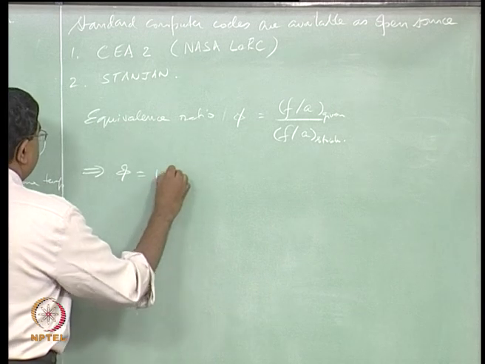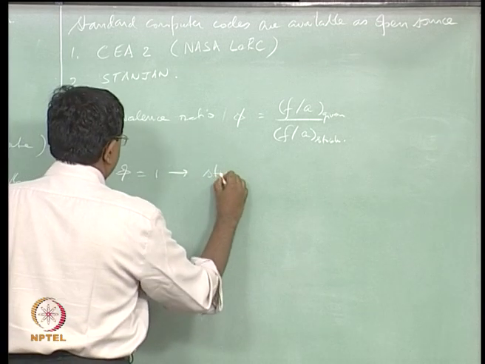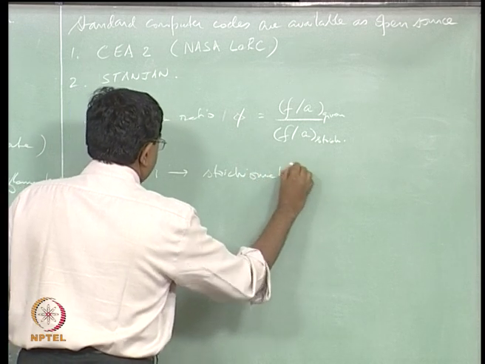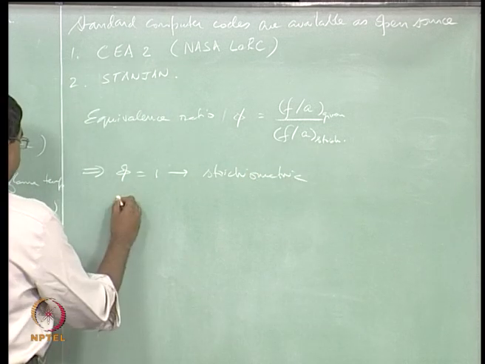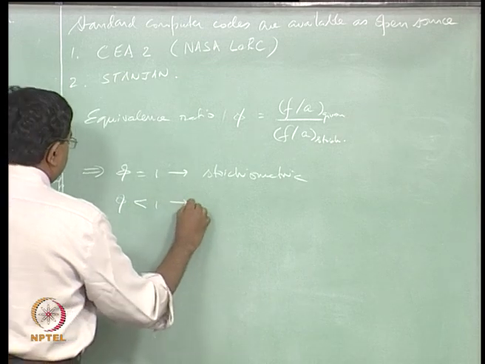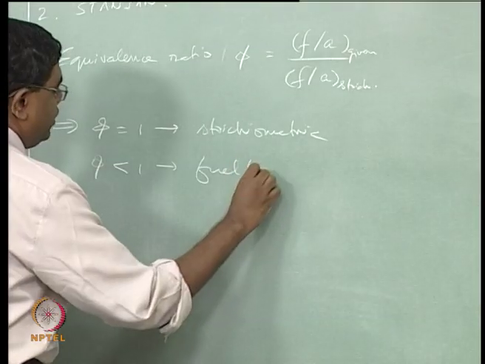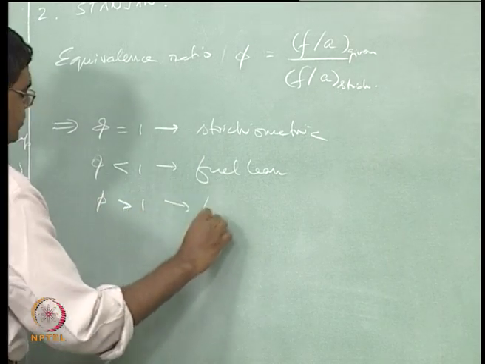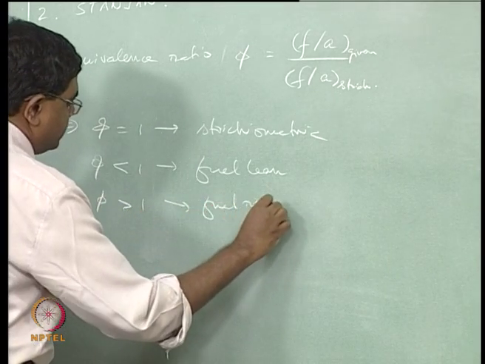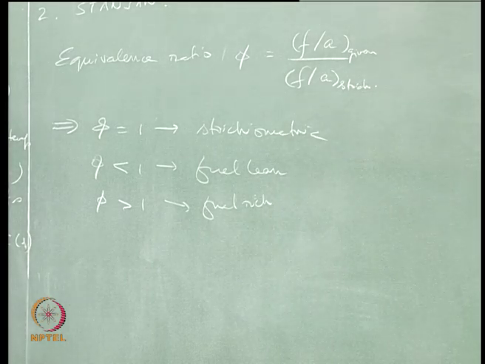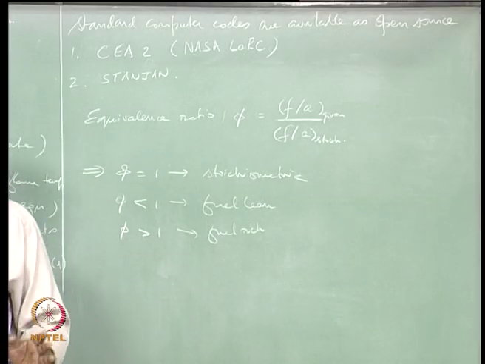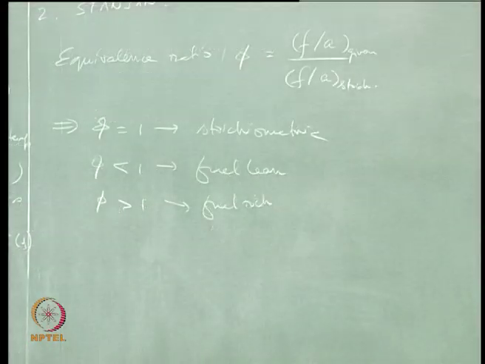You form an equivalence ratio like this, which means phi equals 1 is stoichiometric, phi less than 1 is fuel lean, and phi greater than 1 is fuel rich. Now the rocket people like to operate fuel rich, whereas the air breathing engine people like to operate fuel lean.